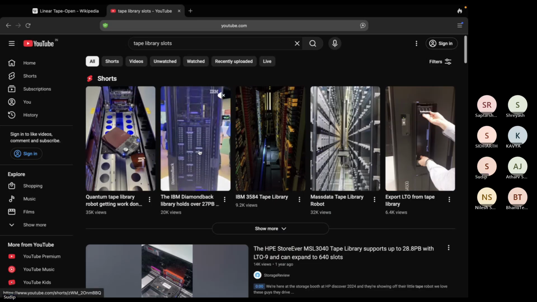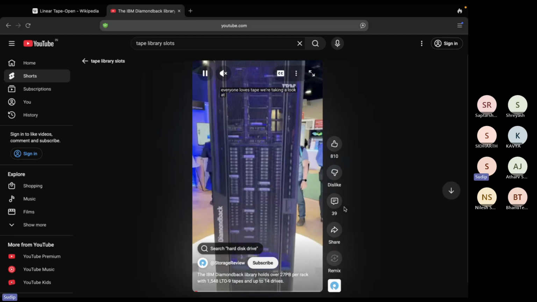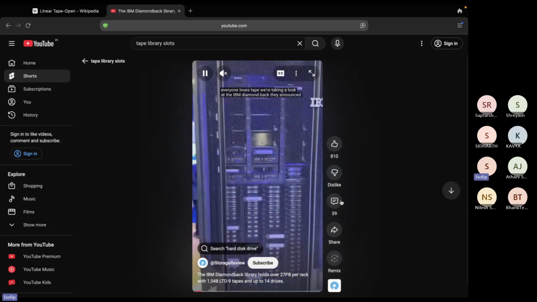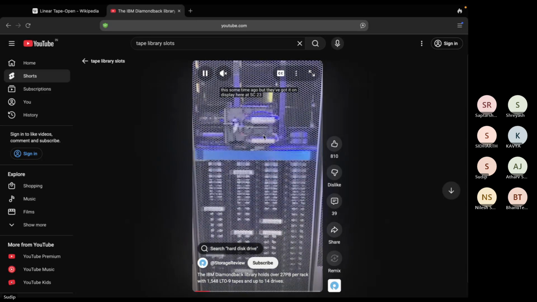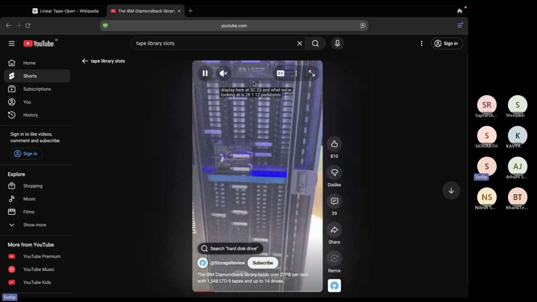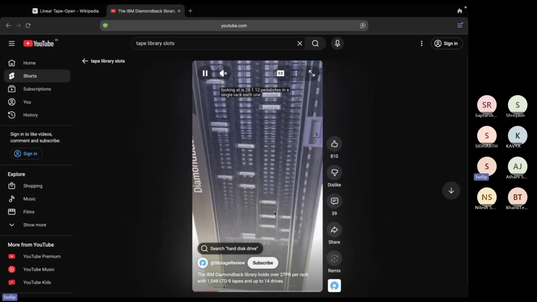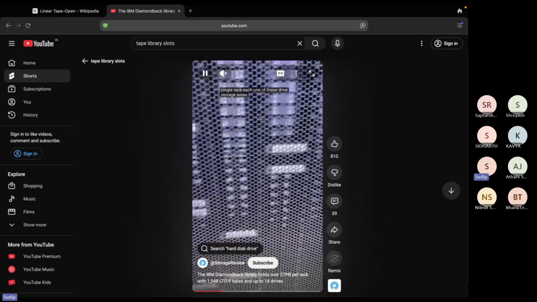This is one more example. This is IBM's tape library. The ones on the top are the tape drives, and these are the tape slots, where you have the physical tape media.